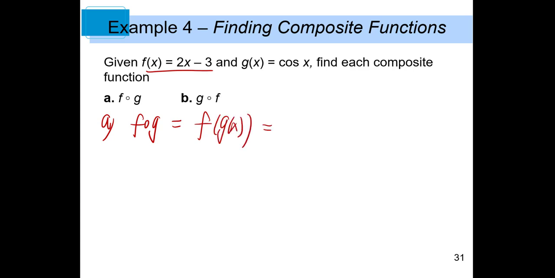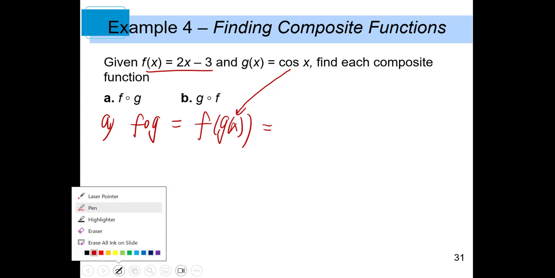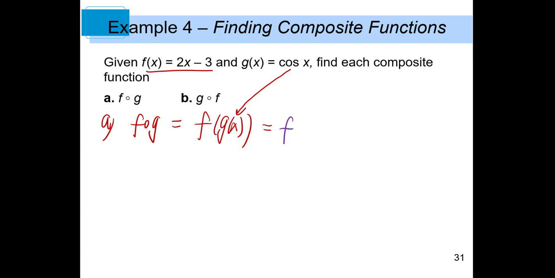Replacing g of x with cosine x, we should get f of cosine x. Now go back to f of x, replacing x there with cosine x. We get 2 times cosine x minus 3. So this is f composite of g.